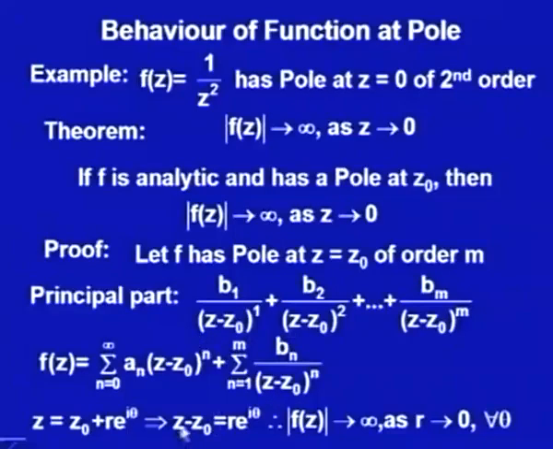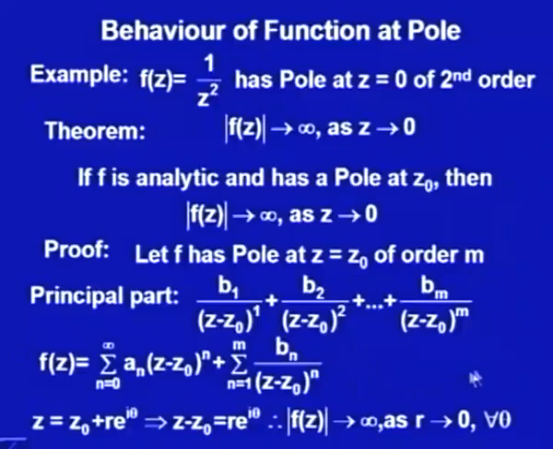Now, here what we are getting is all the terms. If I write it out, I would get r e to the power i theta, r square e to the power 2 i theta, up to r to the power m e to the power i m theta. Now, whatever be this theta, as r approaches 0, for every theta the terms in the principal part would approach infinity. As r is approaching 0, this principal part would be approaching infinity for any theta.